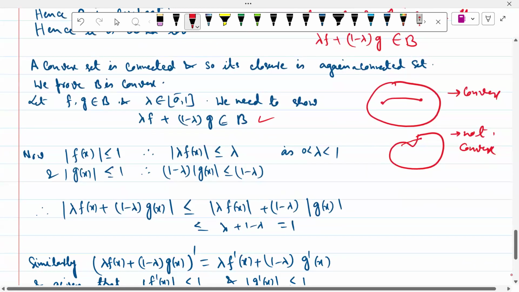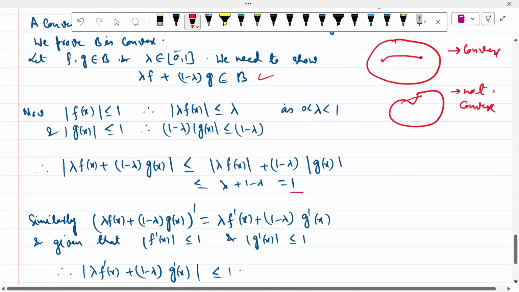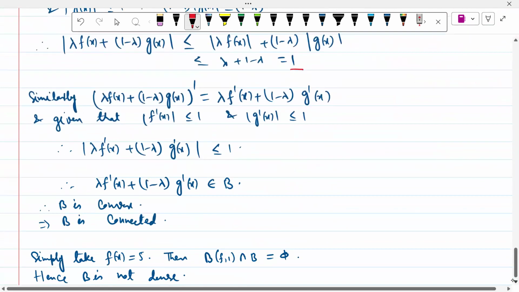Since |f(x)| and |g(x)| are less than 1, we just put lambda and add them, and this is less than 1. So we found that they belong to B. Similarly for the derivative, I will slow down this video, you can pause and check that a similar calculation shows the second condition is also satisfied. Therefore B is convex, which implies B is also connected.